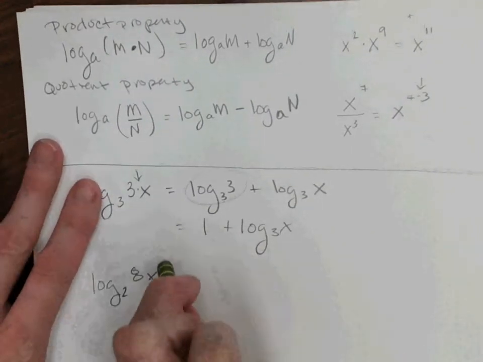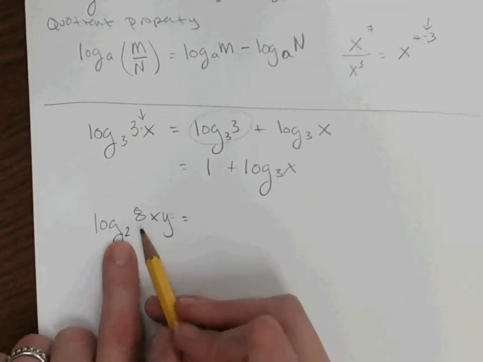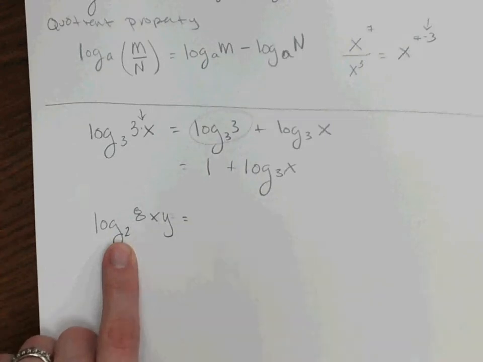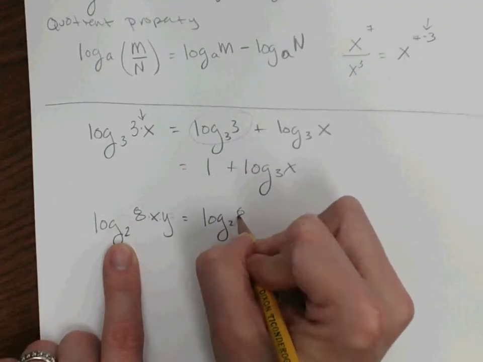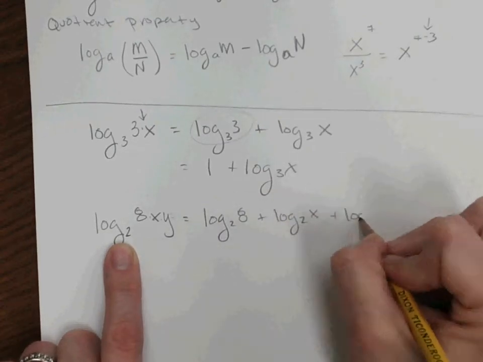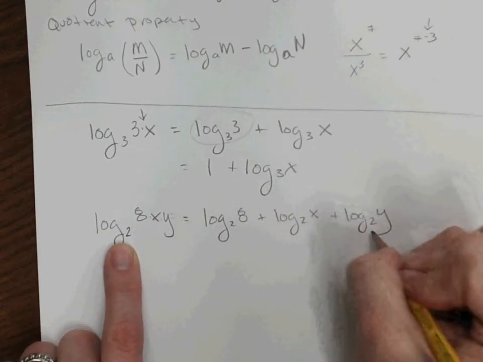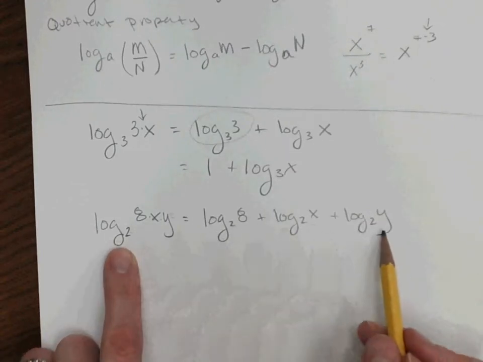Oh, 8xy. So I've got log base 2 of 8xy. So this right here, even though there's more than one thing being multiplied with another, I have three things. I can still separate it out. So I've got log base 2 of 8 plus log base 2 of x plus log base 2 of y. So these are all the same base, because we all started off with the same base, right?